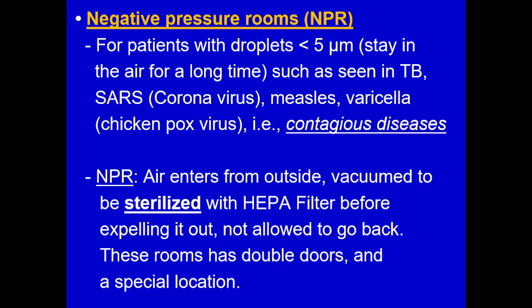How to isolate patients, and who are they? There is a negative pressure room, and there is a positive pressure room, the isolation rooms. Now, the negative pressure room, NPR, is for patients who develop droplets less than 5 micron, because they stay floating in the air and they can spread to a distance, right?